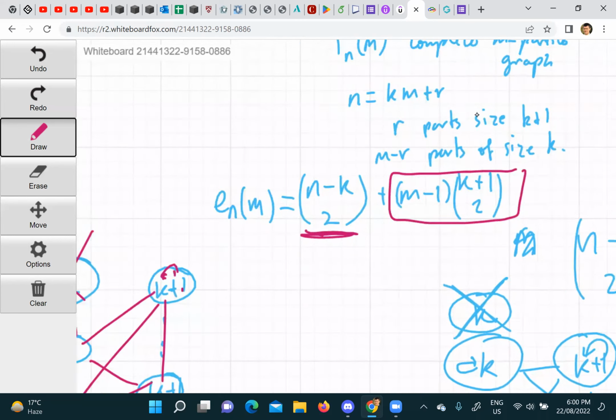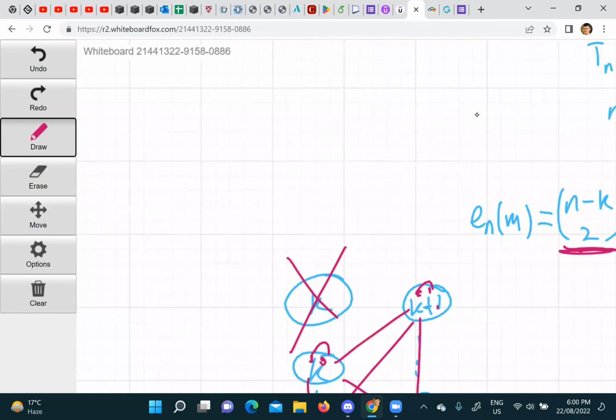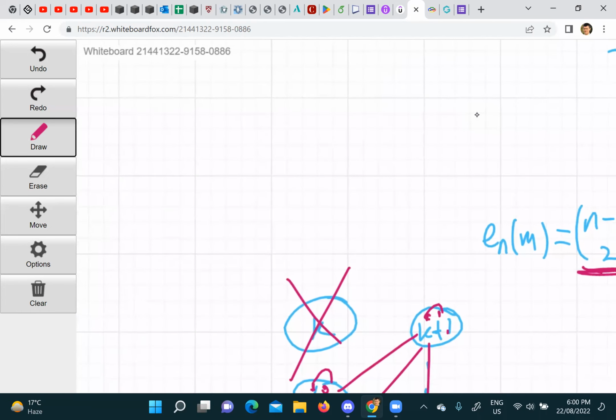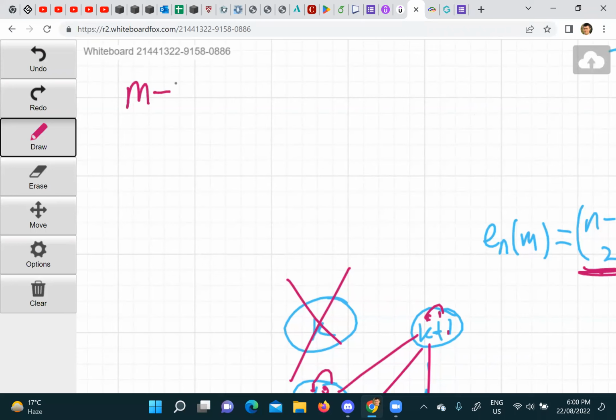Okay, so how many connections go to the deleted part of size k? Well, there are m parts altogether, and r of them have k plus 1 things in them. So if you subtract the ones with k plus 1 things in them, there are m minus r parts with k things in them. You subtract the one you deleted, so those are the other parts with k things in them.